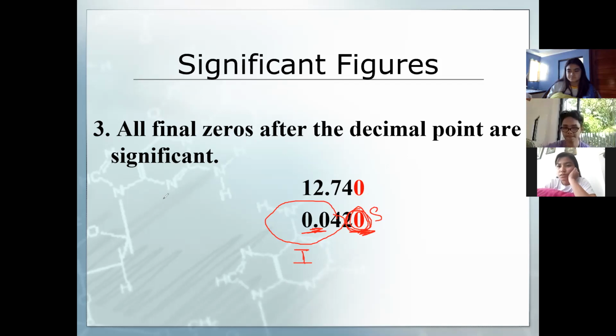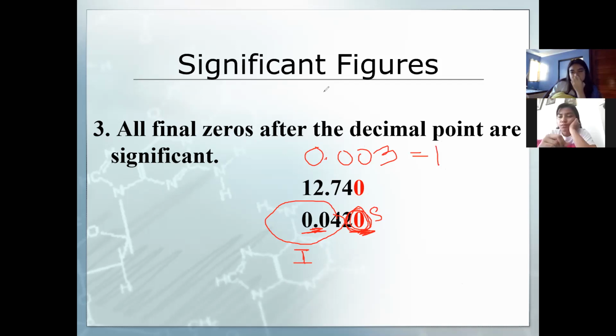So even if you're going to say for sure, class, 0.003, how many significant digits are there in this number? It only contains 1 as a significant digit. If you have the number 0.0030, how many significant digits are there in this number? 2 already, these 2.